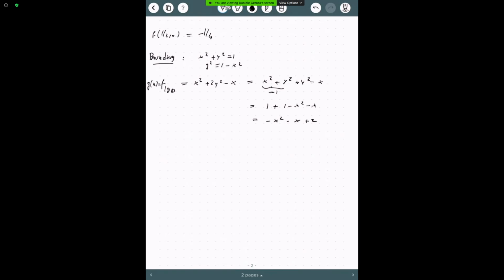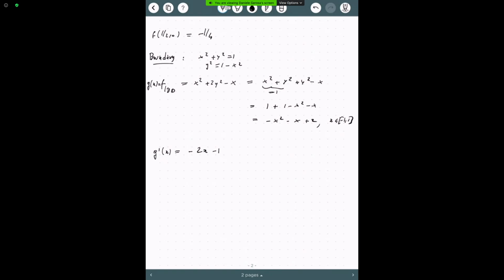Okay, so we need to study this g of x, and now x belongs to [-1, 1]. If you want, you do the derivative of g, and you get that this is equal to minus 2x minus 1.